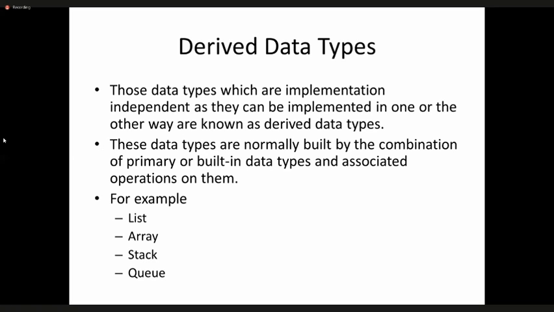Usually they are built by the combination of primary or built-in data types and associated operations on them. List is a derived data type. Array is a derived data type. In future sessions, you will learn about stack and queue. Both stack and queue are also derived data types.